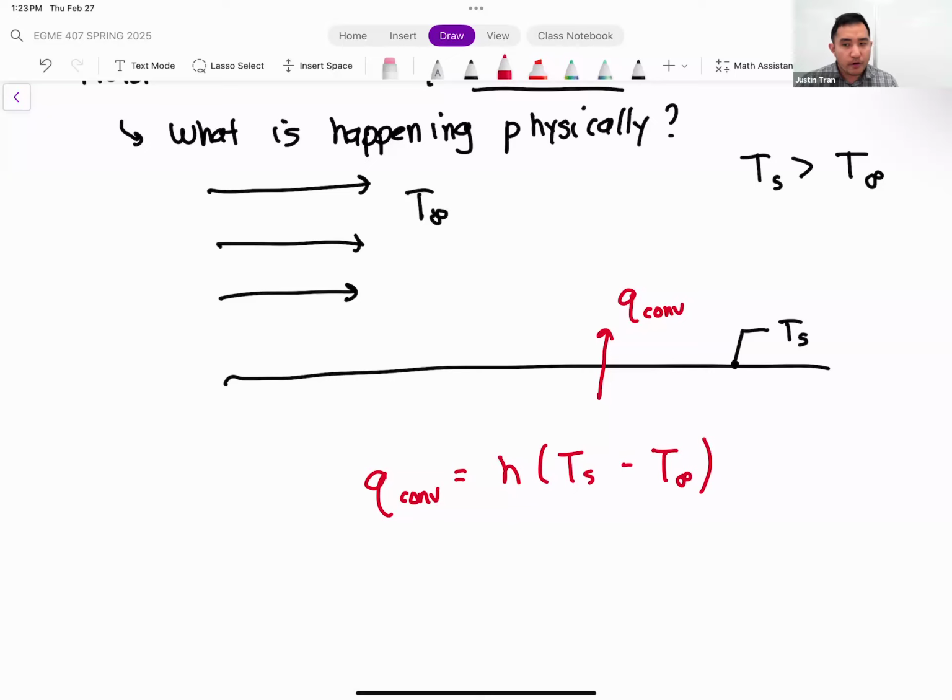So up until this point of the class, we've been using this formula, and we've been using it in our thermal circuits as well. And by using this formula, what we're assuming is that we are looking at what I call the bulk temperatures. And so this Ts represents the bulk temperature of the entire surface, and T infinity represents the bulk temperature of the entire fluid.